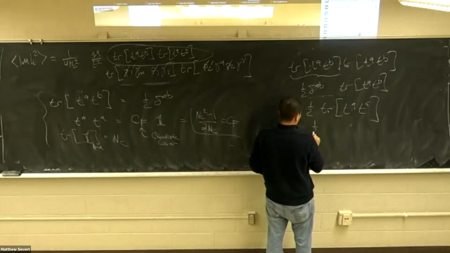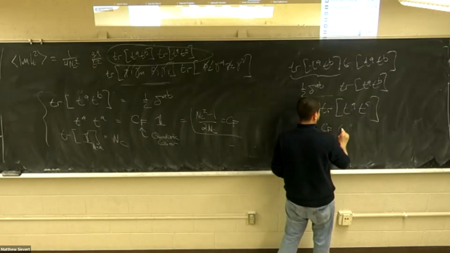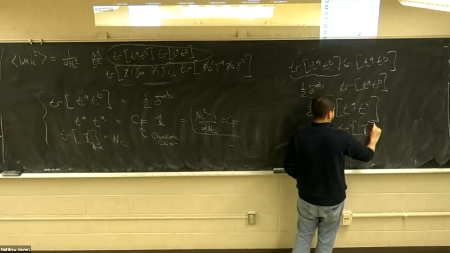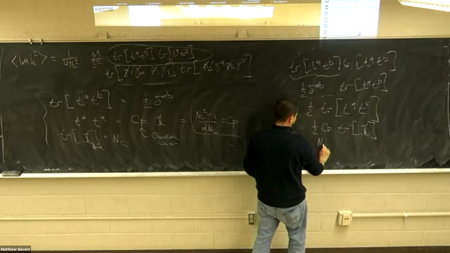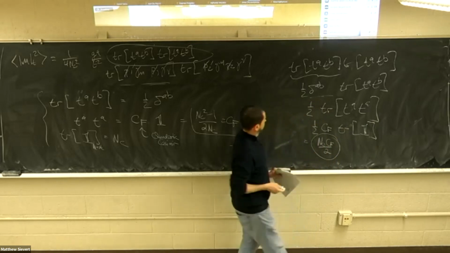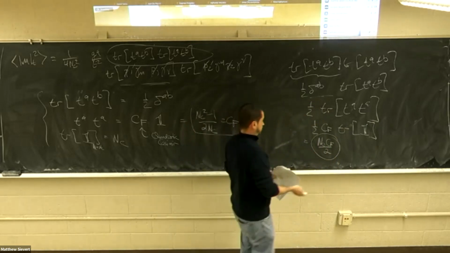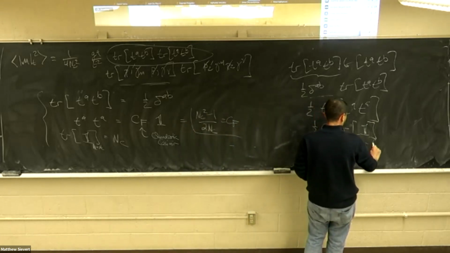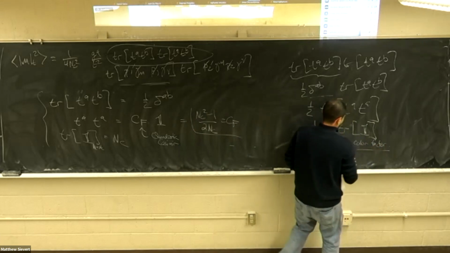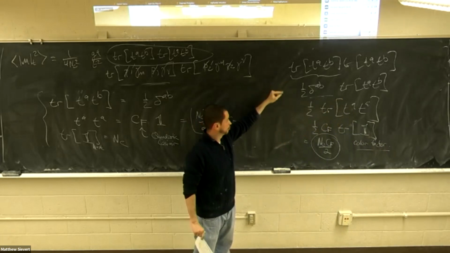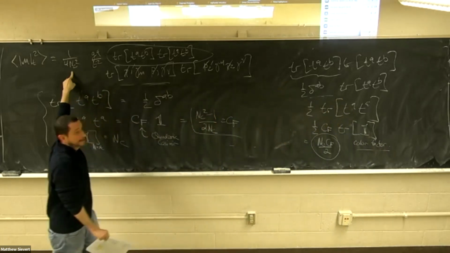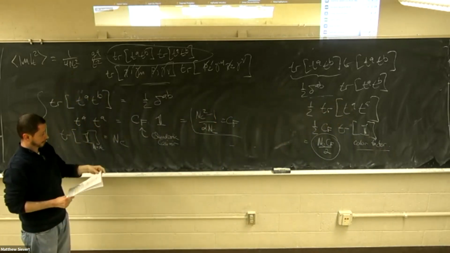So that's 1/2 times C_F times trace of the identity matrix, and trace of the identity matrix is N_C. So this expression is N_C C_F over 2. That is my color factor for this diagram. That's strictly speaking just the color factor that came from the numerator algebra. There's still the 1 over 4N_C squared sitting up front from the average.